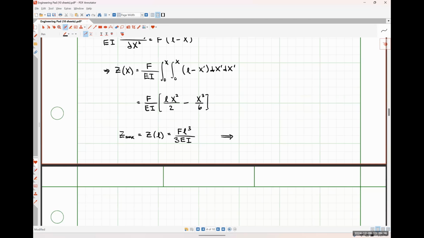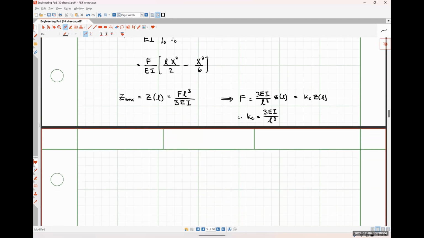So F would be 3EI over L cubed times Z of L. And this is going to be equal to KC, our cantilever spring constant, times Z of L, finally giving us a cantilever spring constant. KC is equal to 3EI over length cubed.